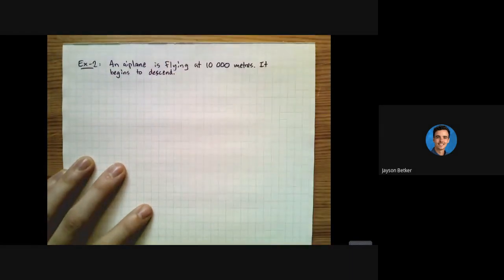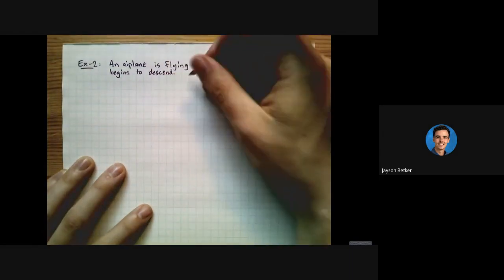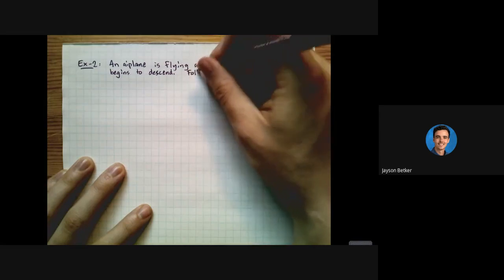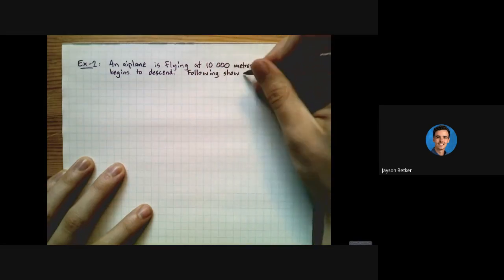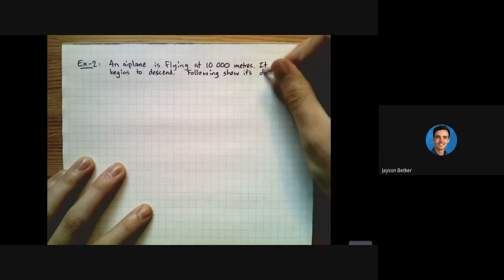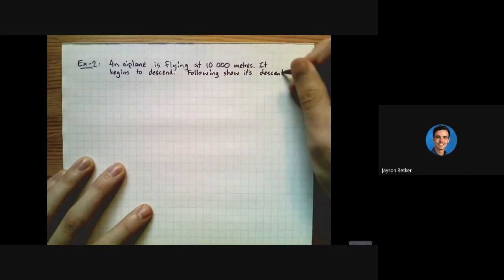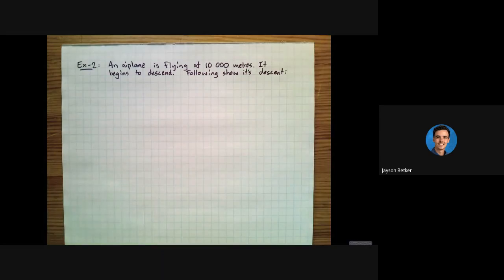The following table shows its descent. So I'll just write out the table here.